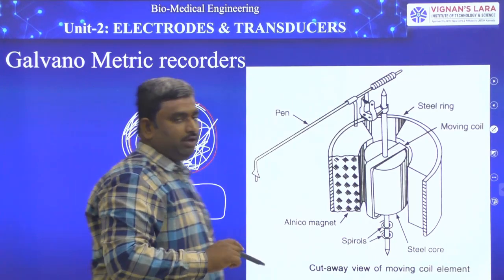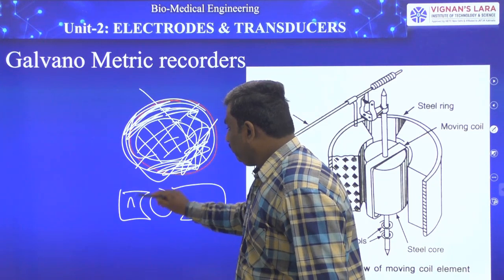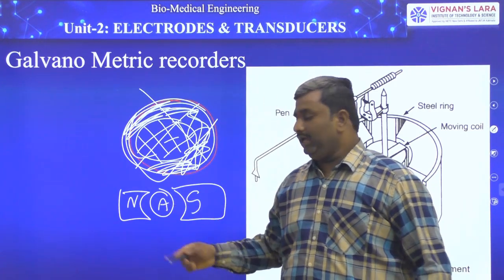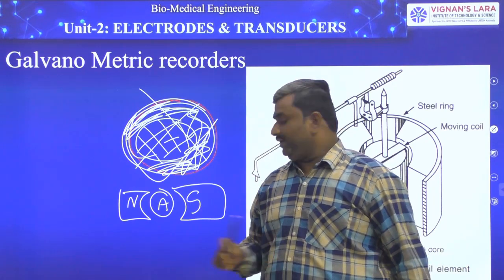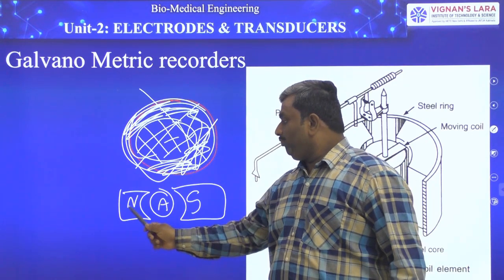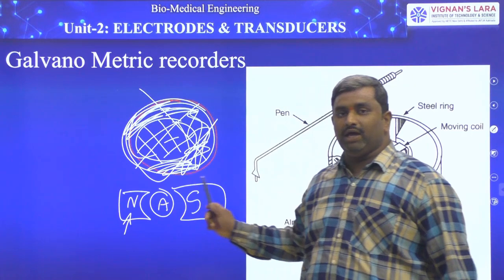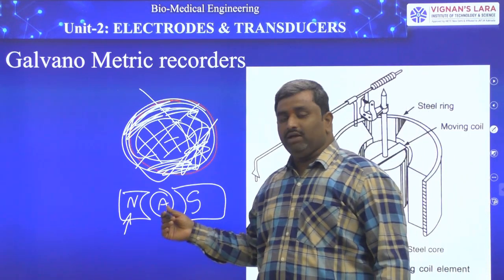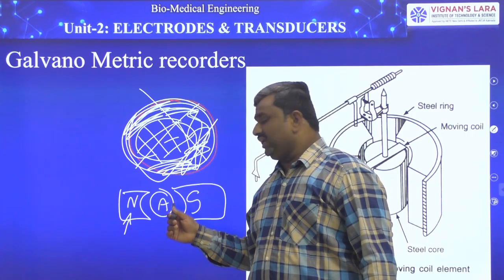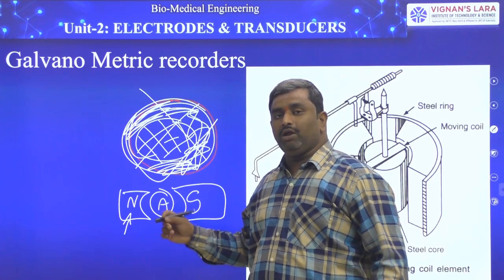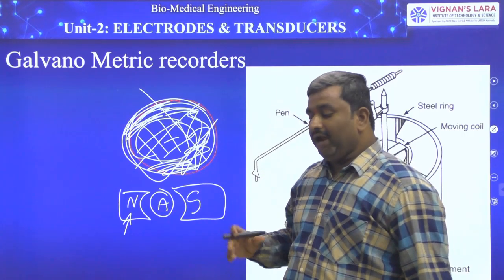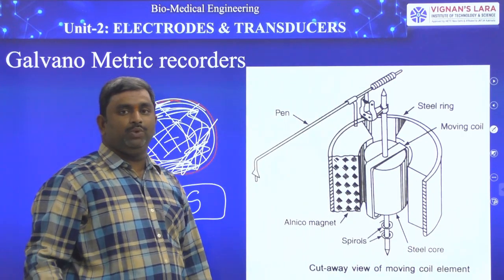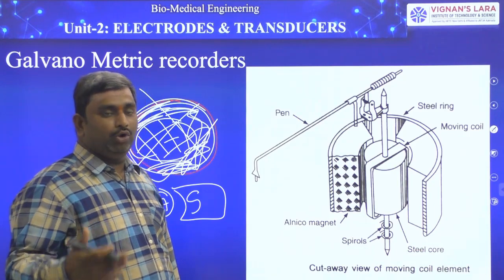This is the north pole, this is the south pole, and this is the armature. N and S are the magnets and A is the armature. When you supply current to the magnets, then due to the magnetic effect, the internal armature will rotate and the motor is going to start. This is the basic motor principle we studied in the lower classes.